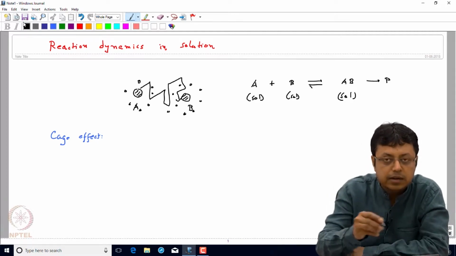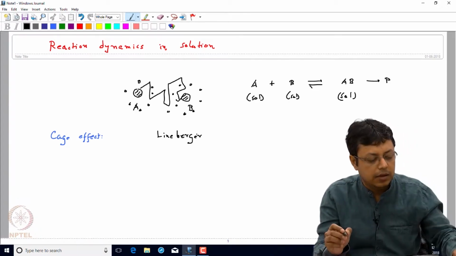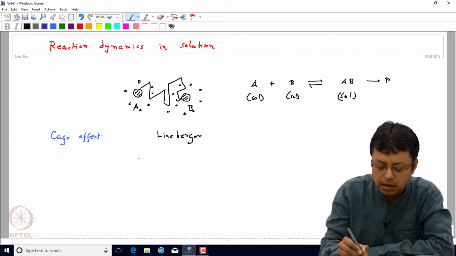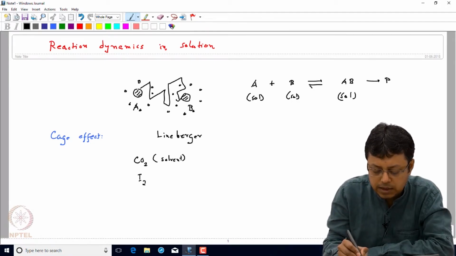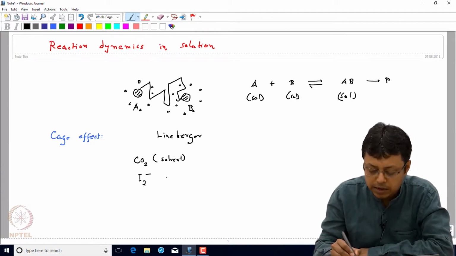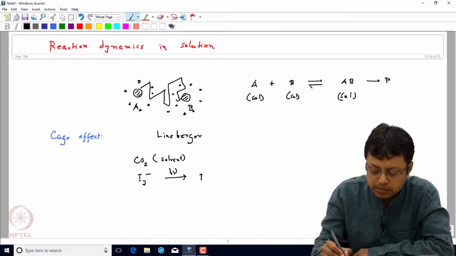Now there has been a very interesting experiment by Lineberger and co-workers, and what they showed is that they were taking carbon dioxide as a solvent, and they took the reactant as I2 minus, and the reaction was something like that. They were shining light, and there is a photolysis or photodissociation which gives you I plus I minus.